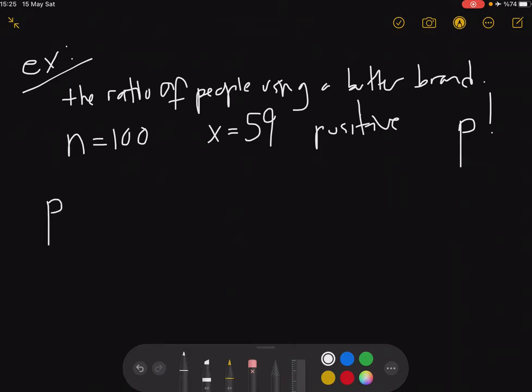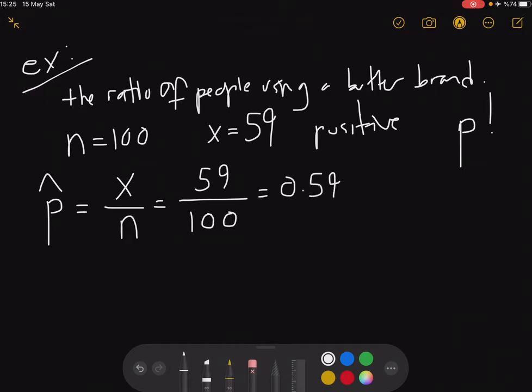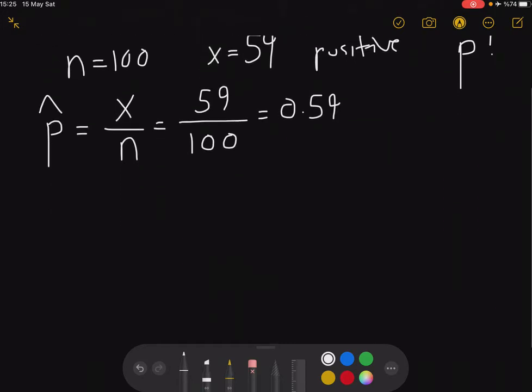For this purpose, we will have our unbiased estimator, x over n, and that should be 59 over 100, and that should be 0.59. But with what confidence, right? That's what we're dealing with, and that would be your error range. This should be your error range for Chebyshev theorem, for example.